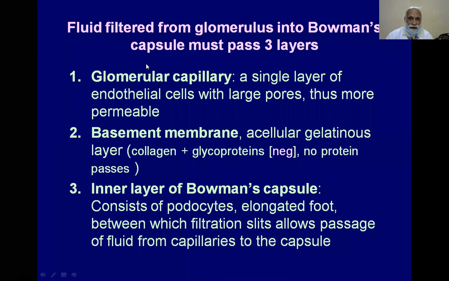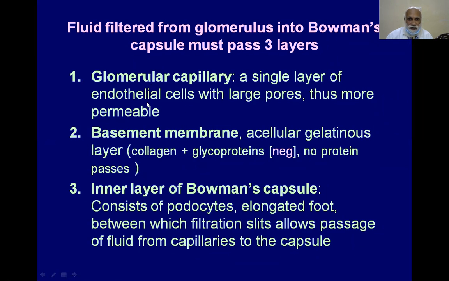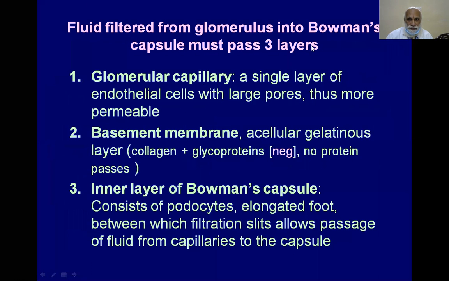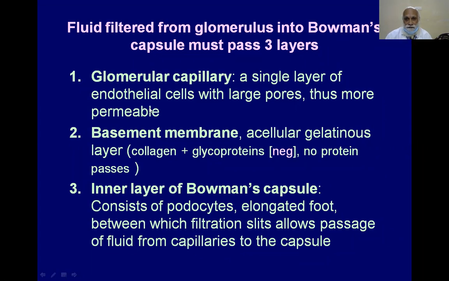We are essentially dealing with the filtration part. What is happening in the glomerular capillaries in the Bowman's capsule? Now, glomerular capillaries have a single layer of endothelial cells with large pores, which is more permeable than the systemic circulation.